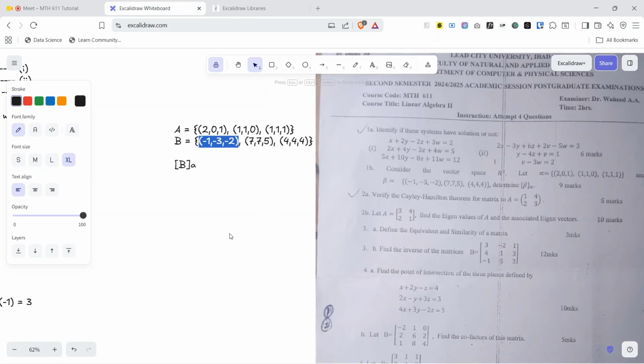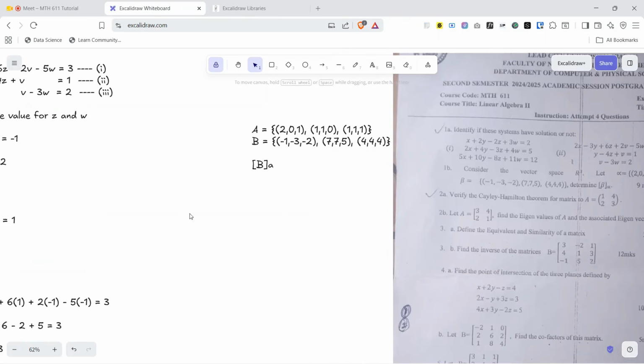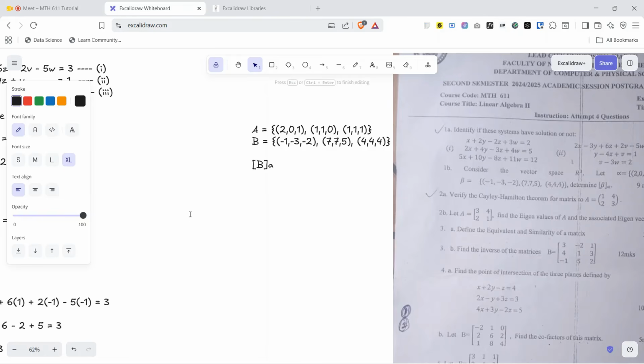since beta alpha would mean that we have something like this. Beta alpha would mean that we have something like this, let me just copy instead of rewriting.